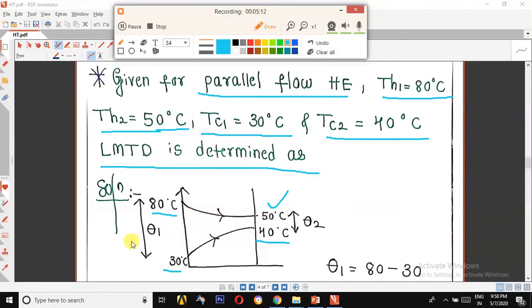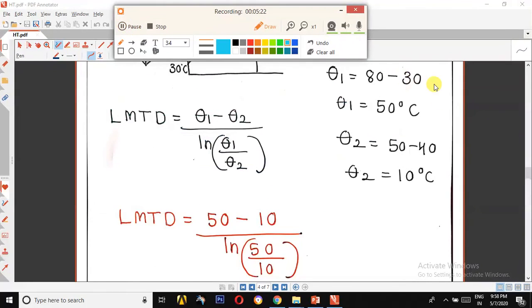We will calculate ΔT1 is equal to 80 minus 30, 50 degrees Celsius, and ΔT2 is equal to 50 minus 40, 10 degrees Celsius.